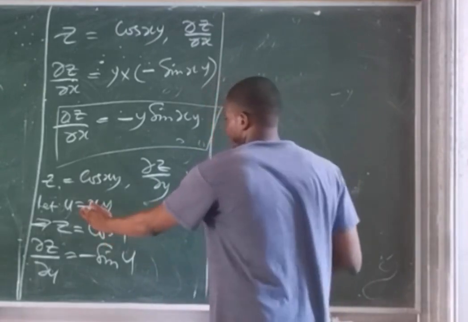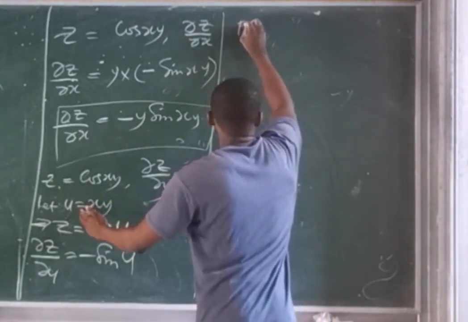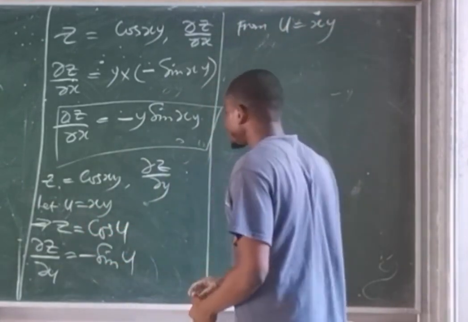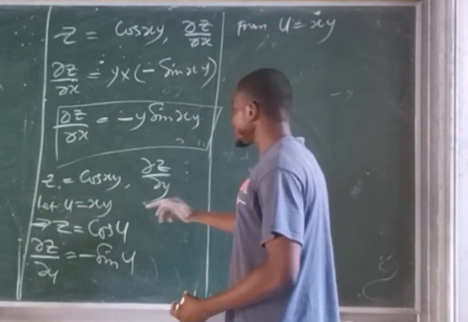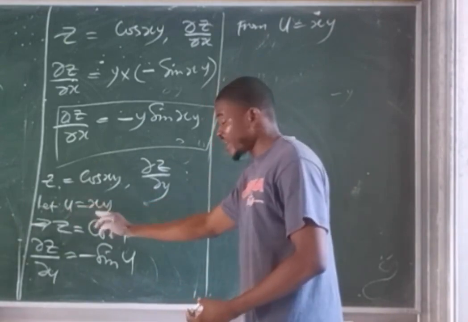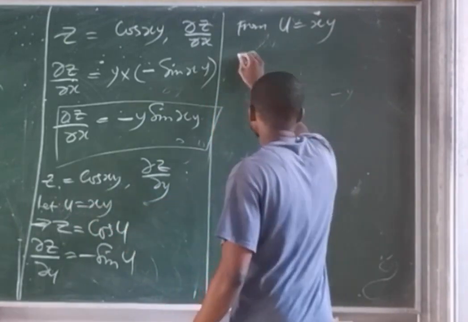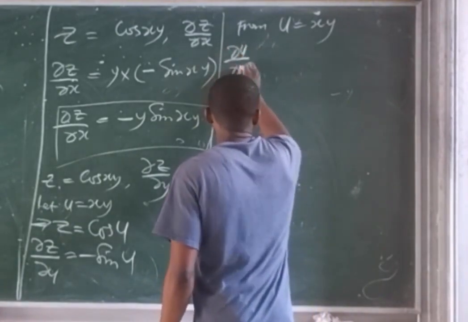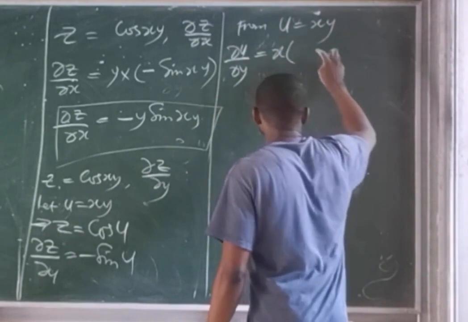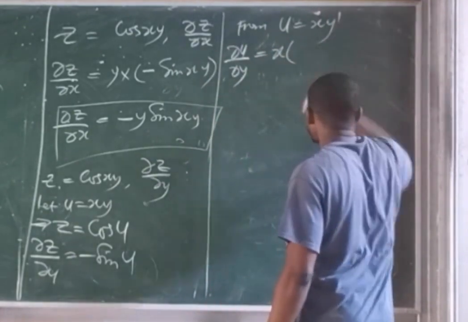Okay, let's now differentiate u from u equal to xy. Since the question says find partial z, partial y, it means we are going to differentiate u with respect to y, keeping x as constant. Therefore, partial u, partial y is equal to: keep x as constant. This y simply means y is to the power of 1.